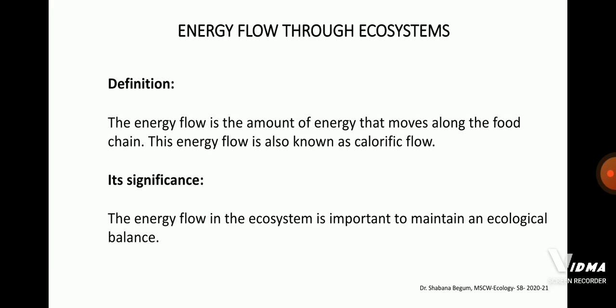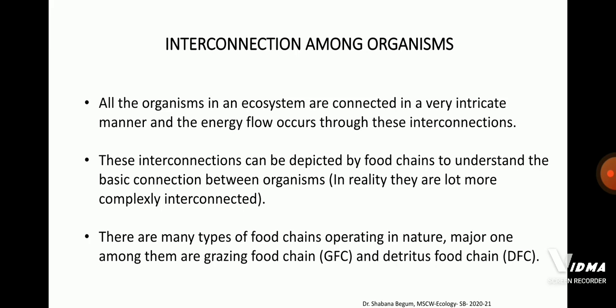Once again, the definition of energy flow through an ecosystem is the amount of energy that moves along the food chains. This energy flow is also known as calorific flow. The energy flow in the ecosystem is important to maintain an ecological balance.